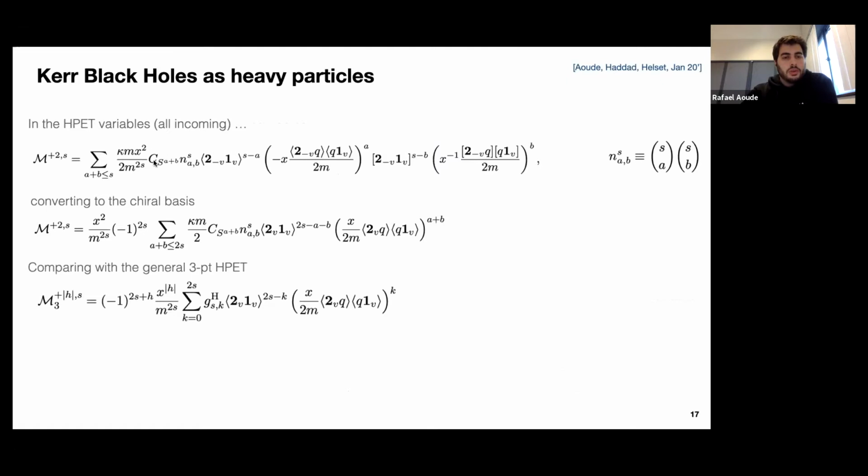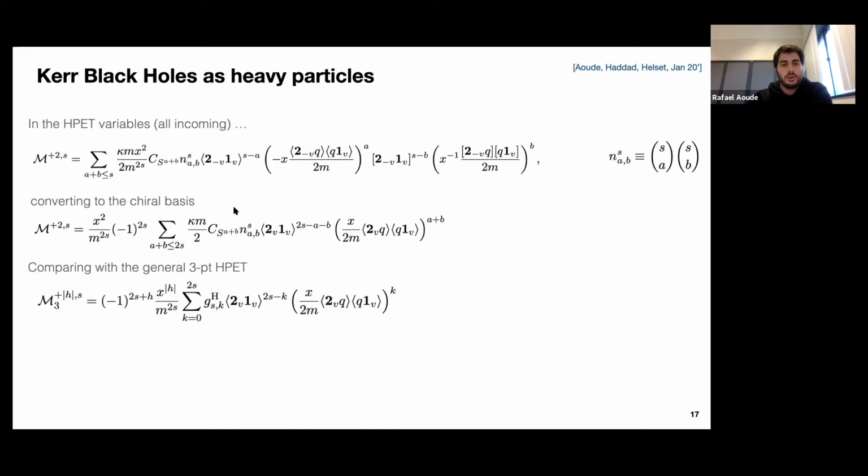You can see here the Wilson coefficients. However, it's written in a mix of two bases. You have the chiral basis with angular brackets, and you also have the anti-chiral basis with square brackets. So what you want to do is convert back to one of the bases.